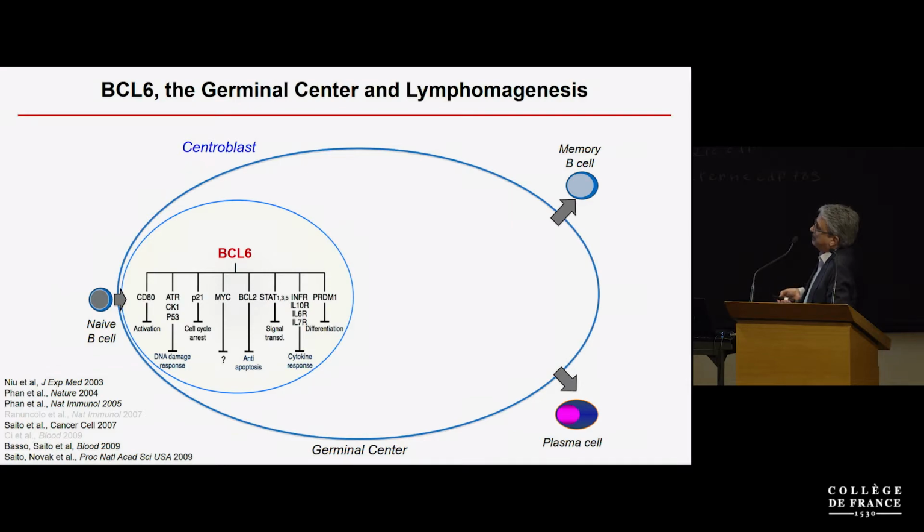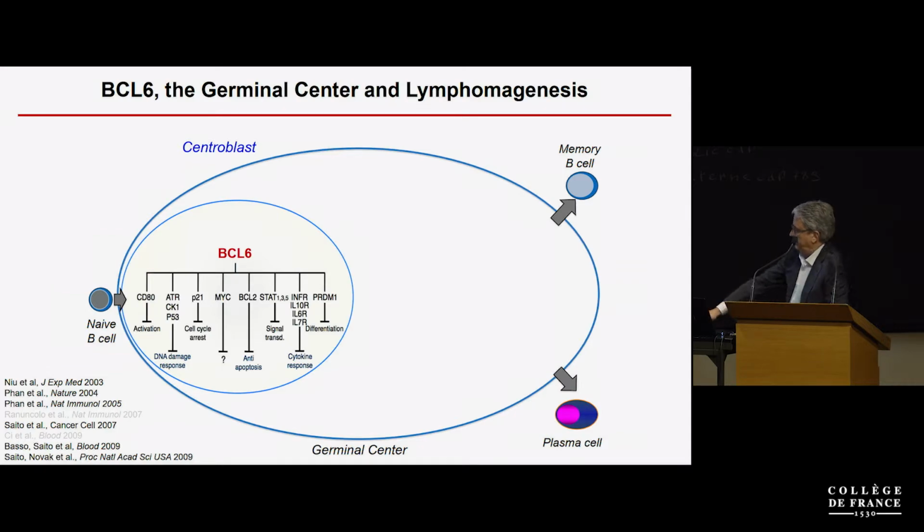It downregulates cell cycle arrest genes and BCL2, favoring cell death if not rescued, for reasons that we still don't understand. Although the cells proliferate a lot, BCL6 downregulates MYC, and then suppresses a large program of signals from the outside, and it represses the master regulator of plasma cells, PRDM1, also known as BLIMP1, which will come into play later in the talk.